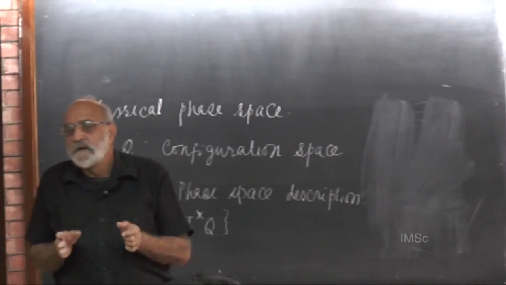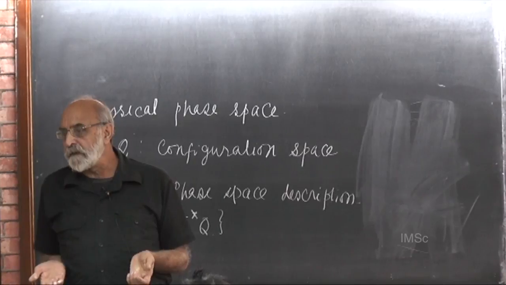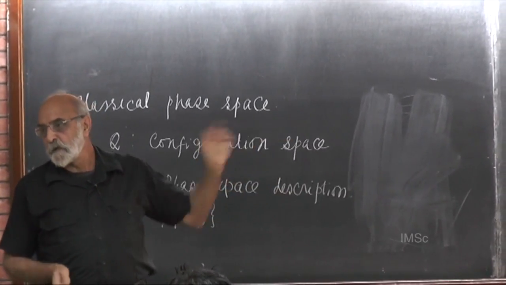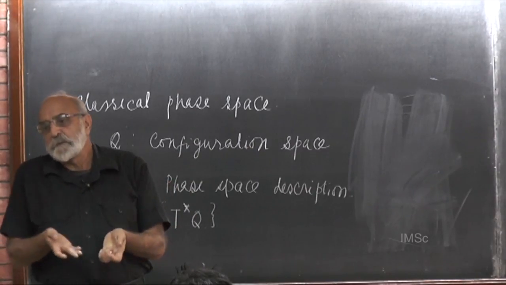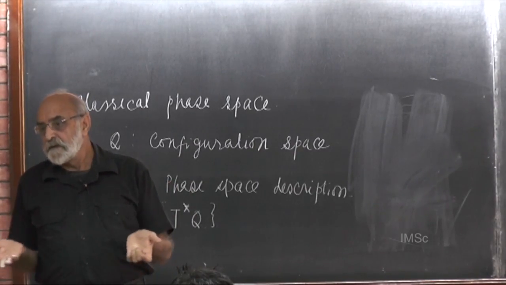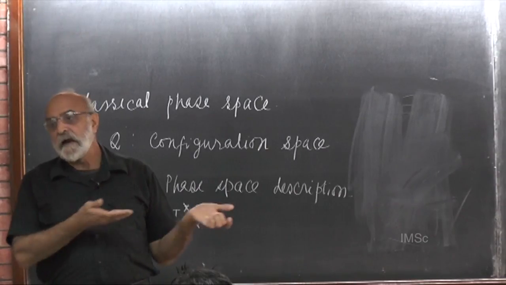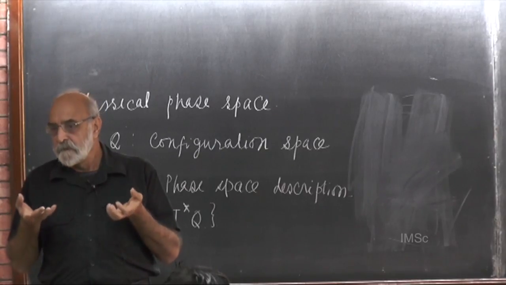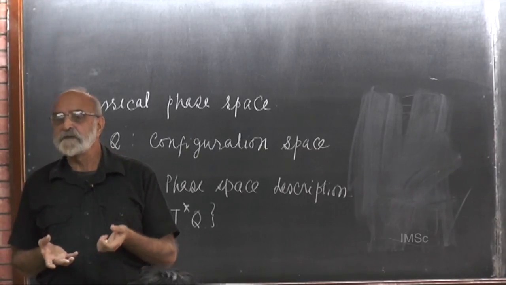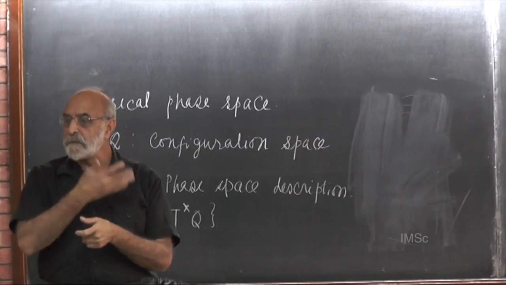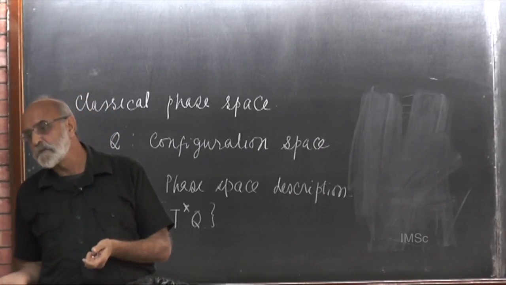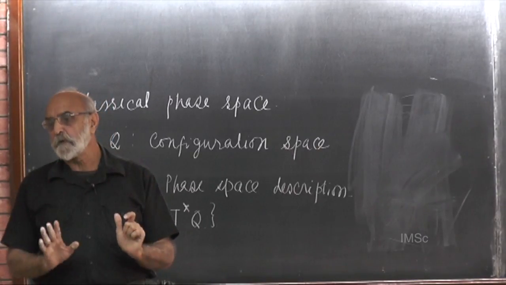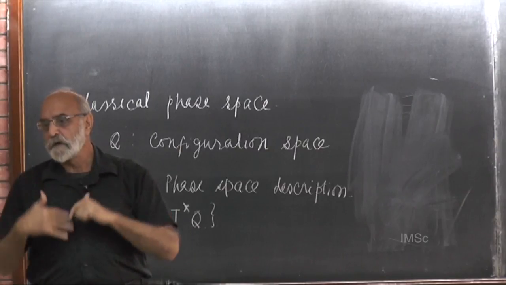You just keep in mind that there is nothing special about Q and P. You could have taken linear canonical transformations and got Q prime and P prime, which are just as good a description of the phase space as the original Q and P. So any quantity which has physical significance should not depend on how you parameterize your phase space, in terms of Q and P or in terms of Q prime and P prime. That is an important concept which will run through as we go along.